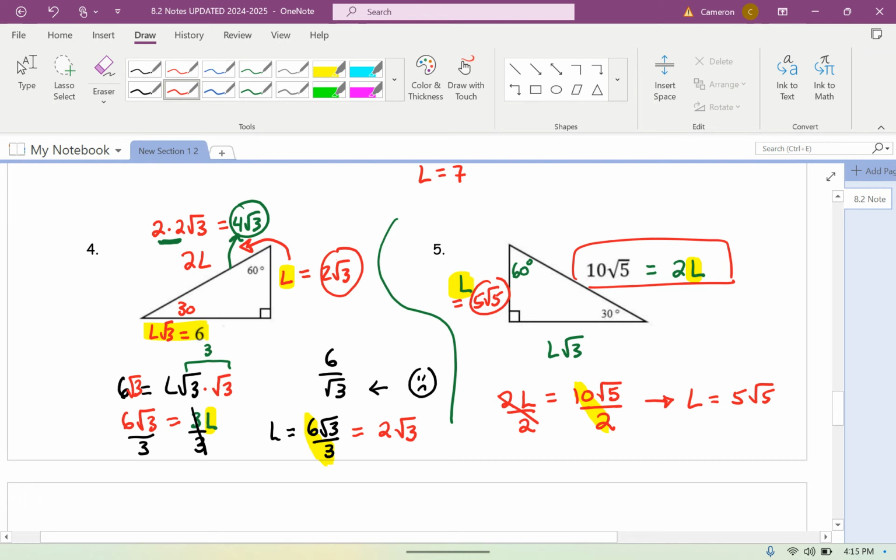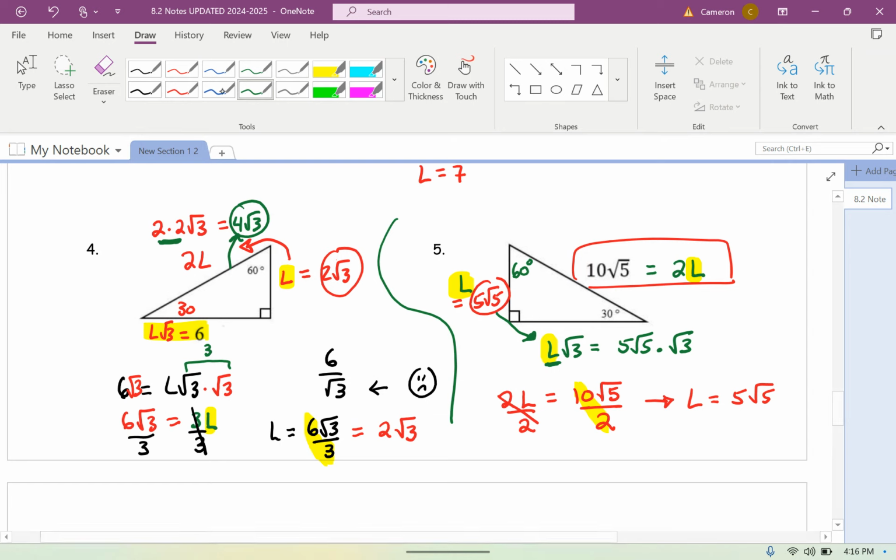To get to the side across from 60, I need to plug in L here and then multiply by rad 3. The side across from 60 is always rad 3 times the short side across from 30. So in this case, across from 60, my medium side, L, I'm going to substitute in 5 rad 5, but then I need to multiply by rad 3.